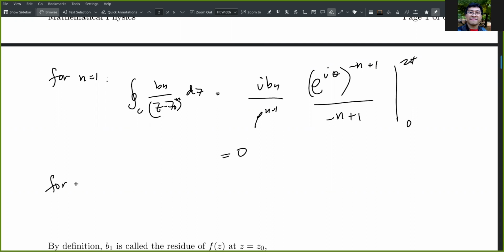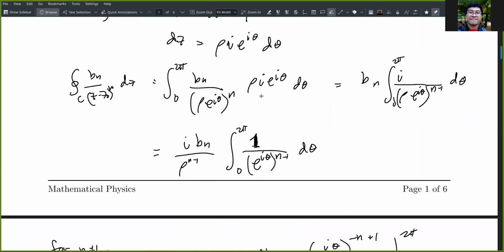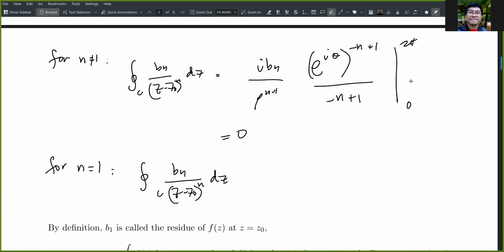That was for n not equal to 1. For n equals 1, it is simpler. Starting from this part, for n equals 1, the exponent is 0, so the integrand is 1. You can factor out i. The integral of d theta is theta from 0 to 2 pi, that's 2 pi.